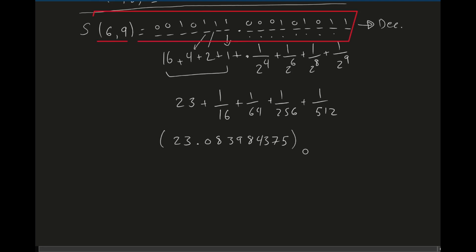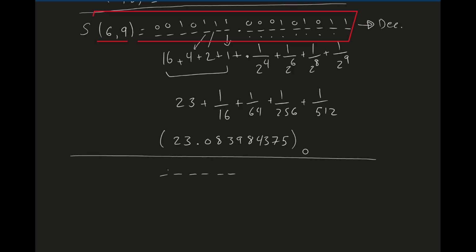So again, I have 1, 2, 3, 4, 5, 6 dot 1, 2, 3, 4, 5, 6, 7, 8, 9, and the same value. So 0, 0, 1, 2, 3, 4, 5, 6, and I have 1 bit for the sign.